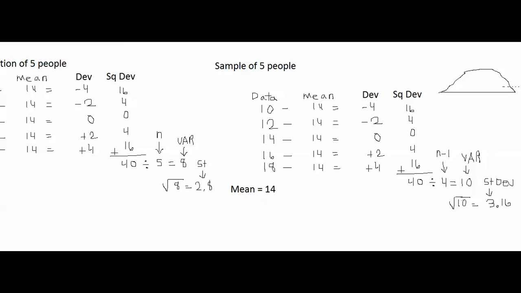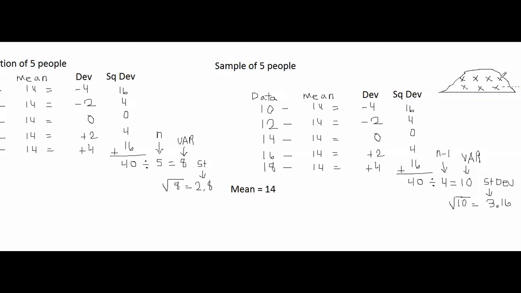When you take a sample of a population, you tend to get not enough of the extreme people in the sample, because it's harder to come across them because there aren't as many of them out there.